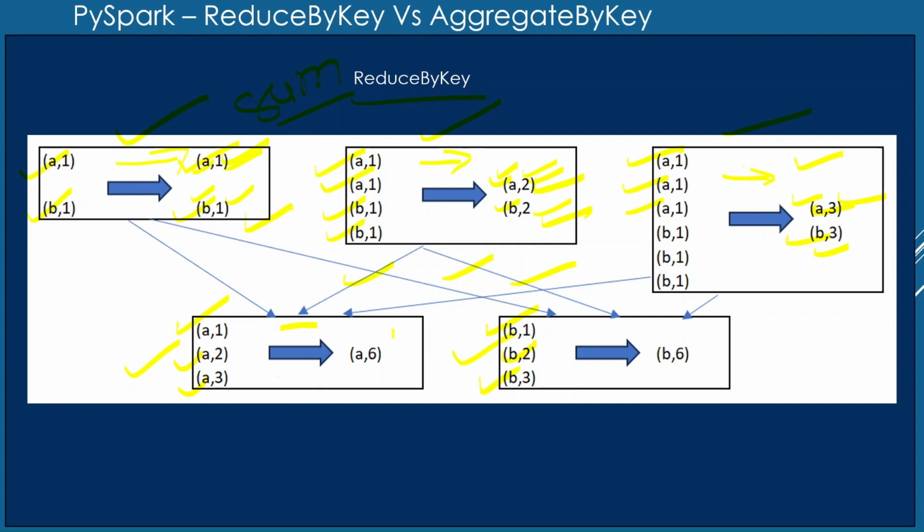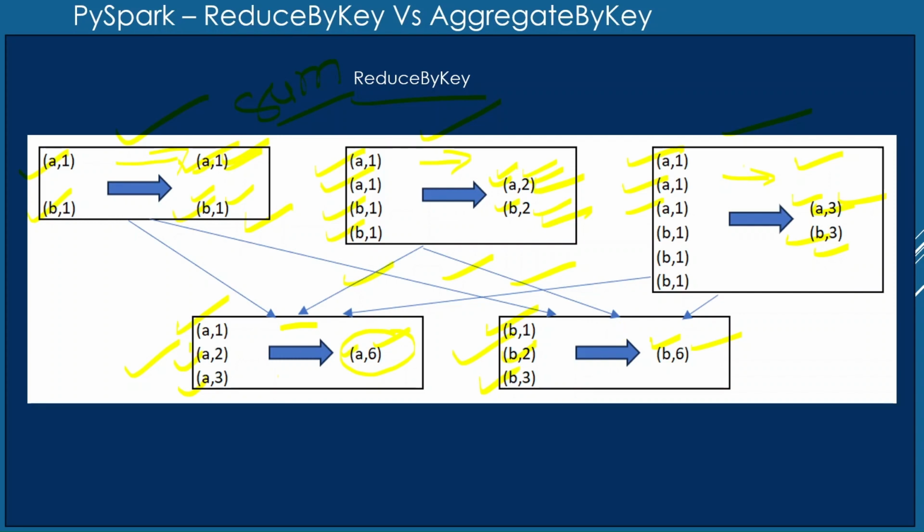That's why for each key it creates one value as an output. So how will the reduce function work? It is going to add the values of each key. So this is the key and this is the value. Same here. This is the key and this is the value. In this partition also the aggregate function is going to apply.